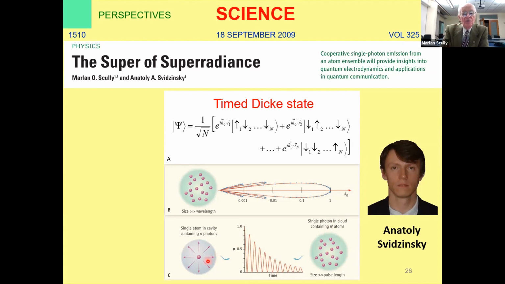That reminds you of the opposite problem in which you have not n atoms, but one atom. This is one atom in a cavity containing n photons, and the exact same thing happens. Here I'm now looking at the probability that the atom is excited, and consequently that one photon was absorbed, and we see this kind of ringing, and the decay rate is governed by the Q of the cavity.